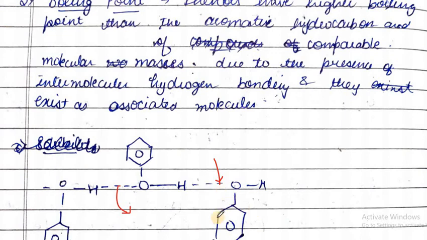But due to bulky groups, they are less soluble than alcohols. And due to hydrogen bonding, their boiling points are high, but due to the bulky group lower than the alcohols. Phenols have higher boiling points than the aromatic hydrocarbons, but lower than the aliphatic alcohols. And due to the presence of intermolecular hydrogen bonding, they exist as associated molecules, as shown in this.